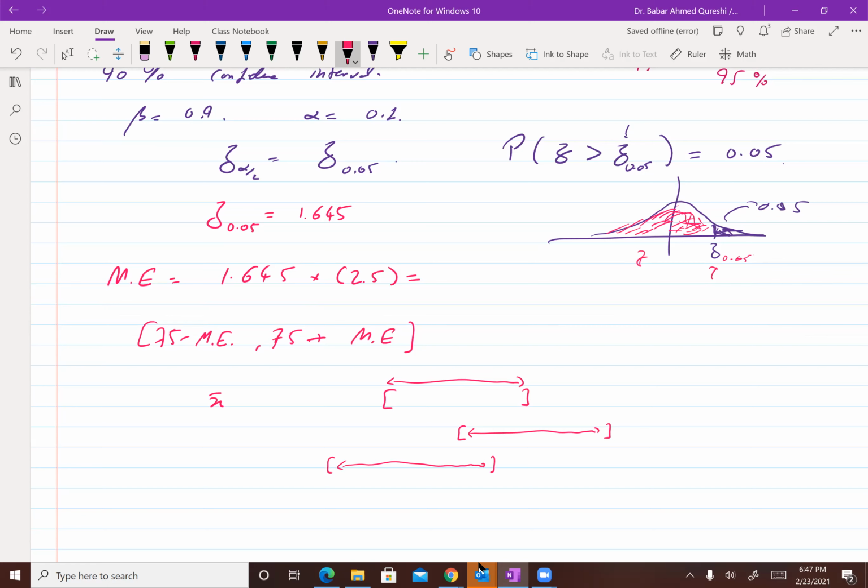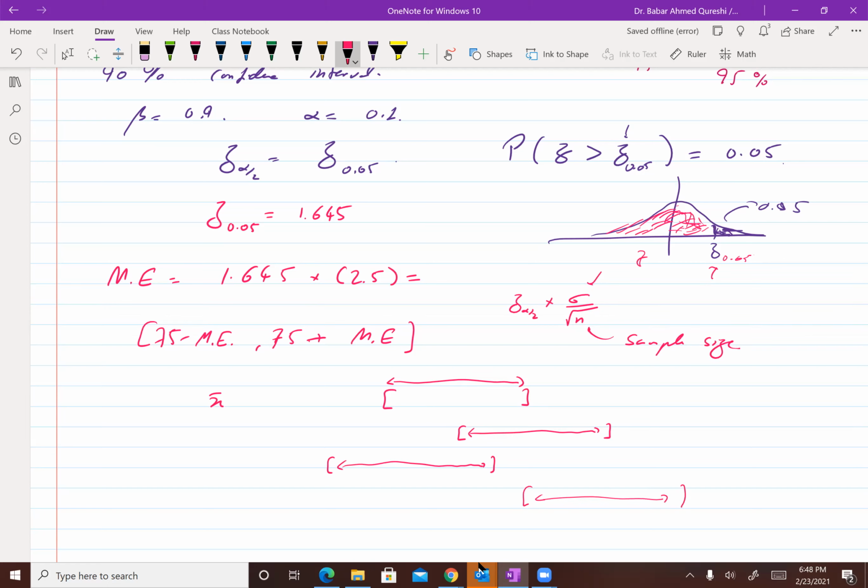Because the size is controlled by your probability, this value, what you put over here, this alpha, with what confidence you want to say it, times the standard deviation of the population, which is known to you, and the sample size. So every time you will get a different interval.